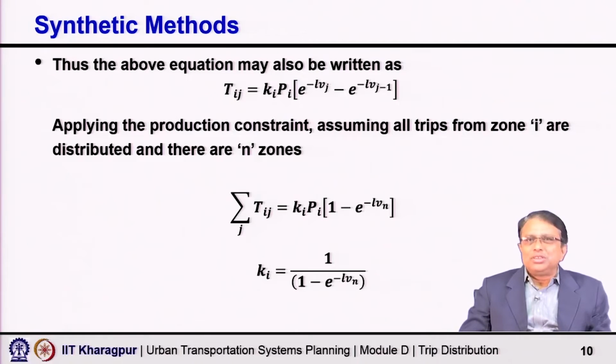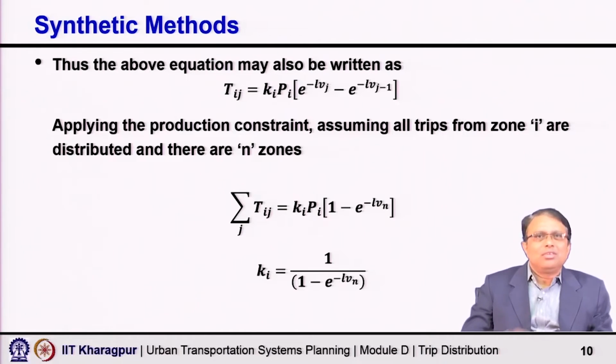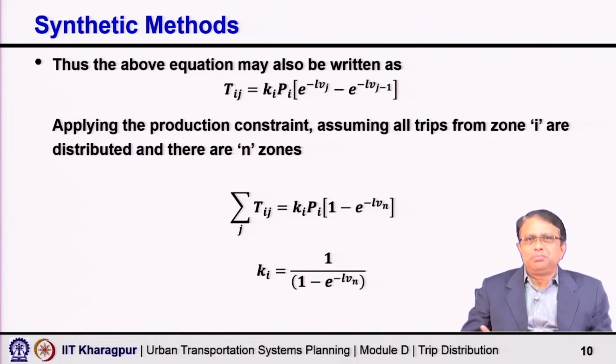T I j sum over j should be equal to p I, that is what let us do. Then in that case what you find? k I into p I into e to the power minus L V j minus e to the power minus L V j minus 1, summed over j, equal to p I.